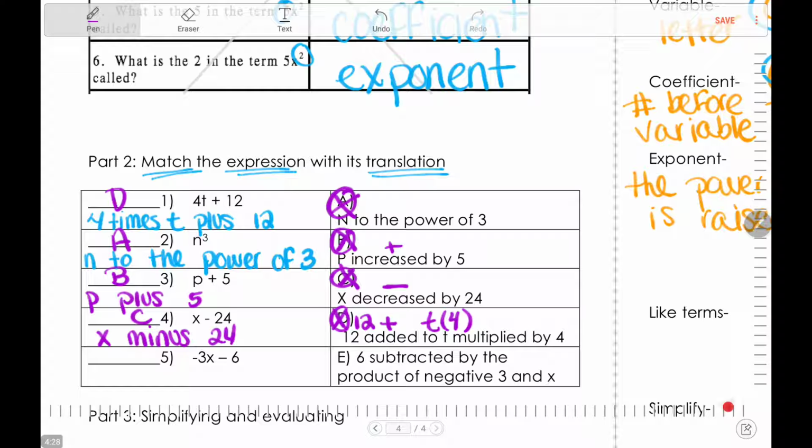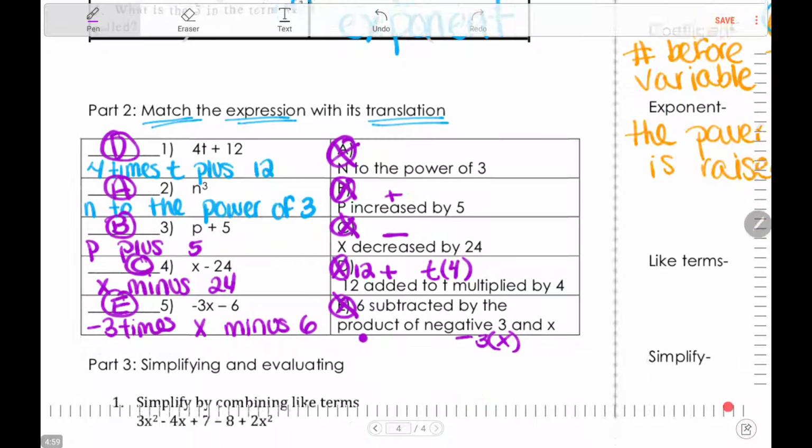So that is choice C. And lastly, -3 times x minus 6 is the same thing as 6 subtracted by the product. Product means multiply of -3 and x. And that is E. All right, so the answers are D, A, B, C, E.